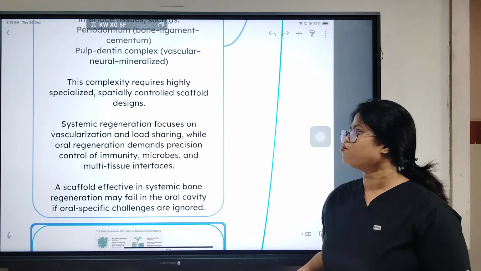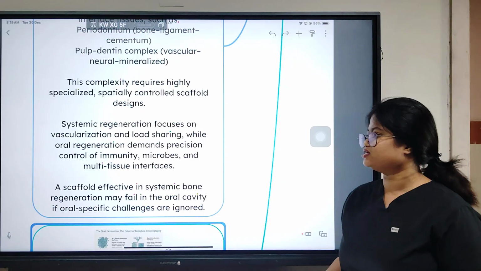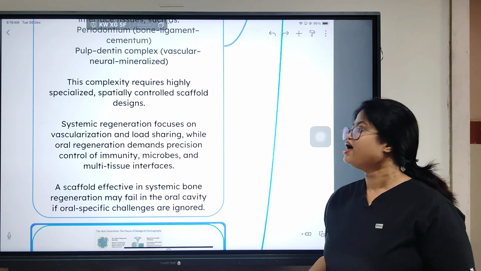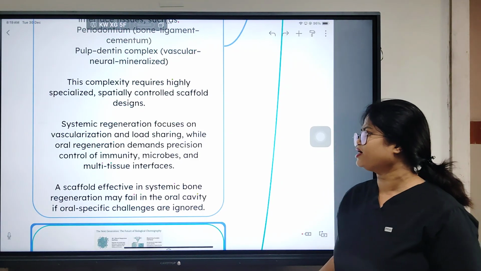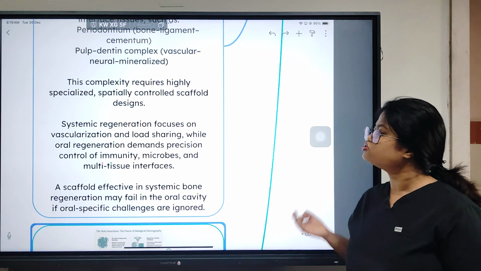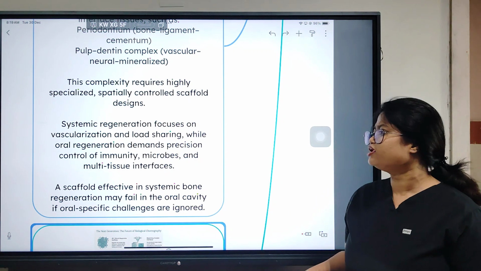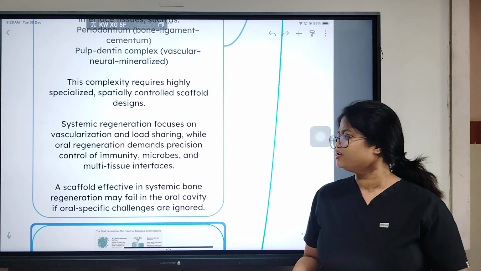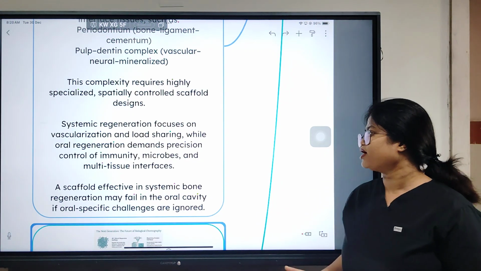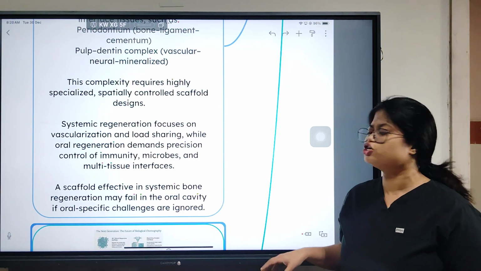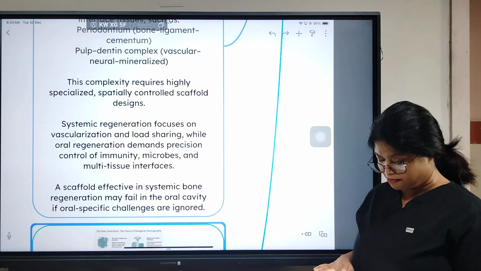Systemic regeneration focuses mainly on vascularization and load sharing, that is the biomechanical properties, the stresses and strain, while oral tissue regeneration demands not only precision control of immunity factors and the load of the microbiota, but also the multi-tissue interfaces that I talked about.